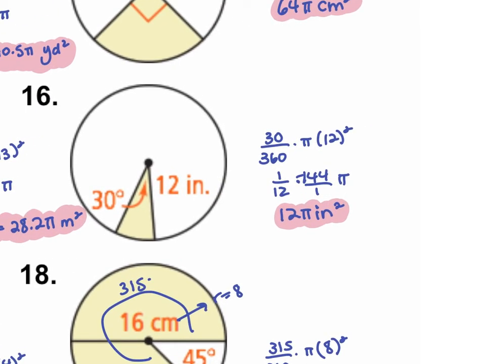Then came 16, 30 over 360 times pi r squared gives you 144 pi, or 144 over 1 times 1/12, or 12 pi.